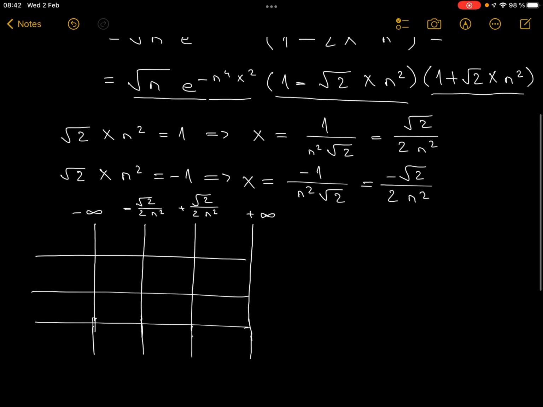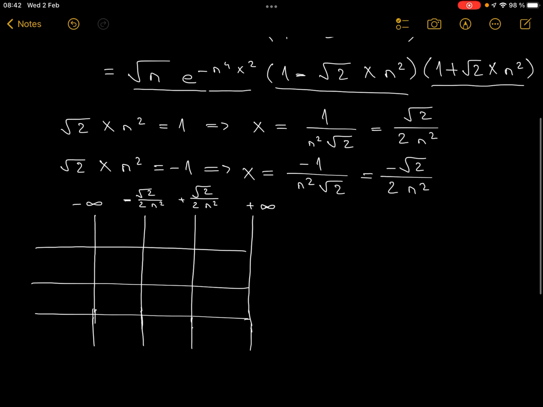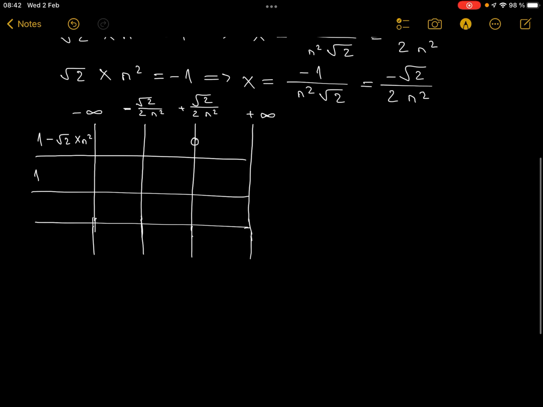Here we've got 1 minus the square root of 2 x n squared. Its zero is this. And here we've got 1 plus the square root of 2 x n squared. Its zero is this. Here we've got f prime of x, and here we've got f of x.